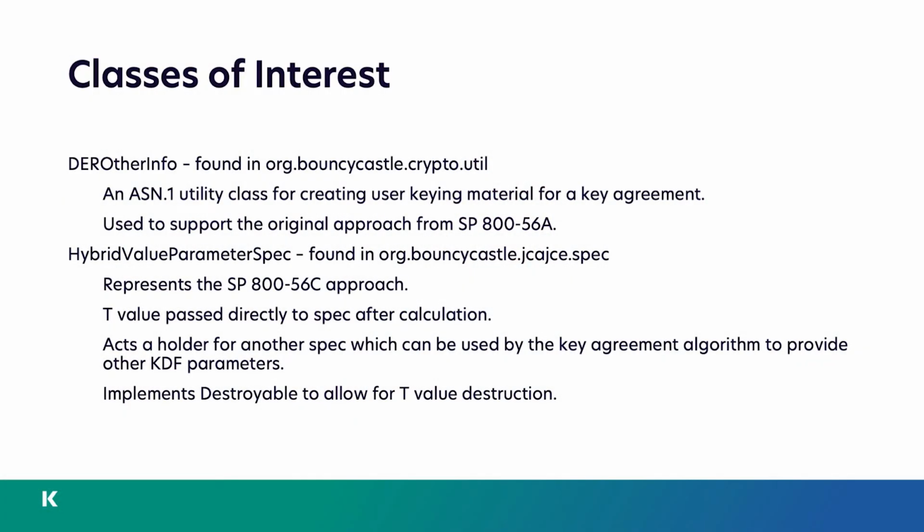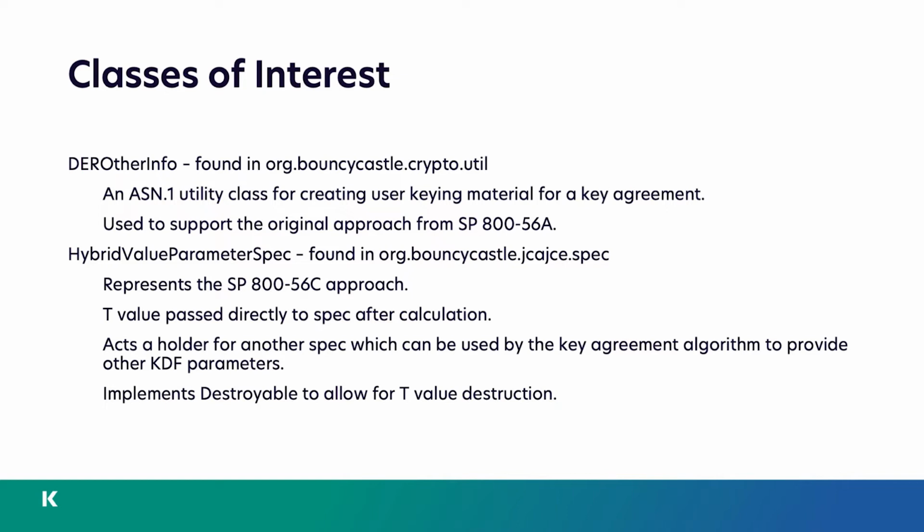There are two classes that we're interested in: the DER other info class, and the hybrid value parameter spec. The DER other info class can be found in the crypto utils package.